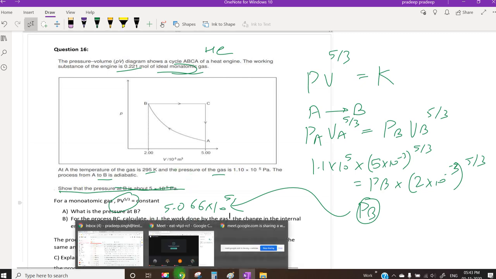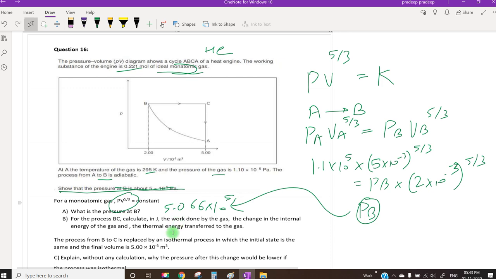Okay. Yes, sir. And Smera, what is the unit for this? So for A part, right? Yes, Pascals, right? Correct. So Pascals. Smera, could you tell me, if I convert the Pascal into SI units, what is the unit of pressure?